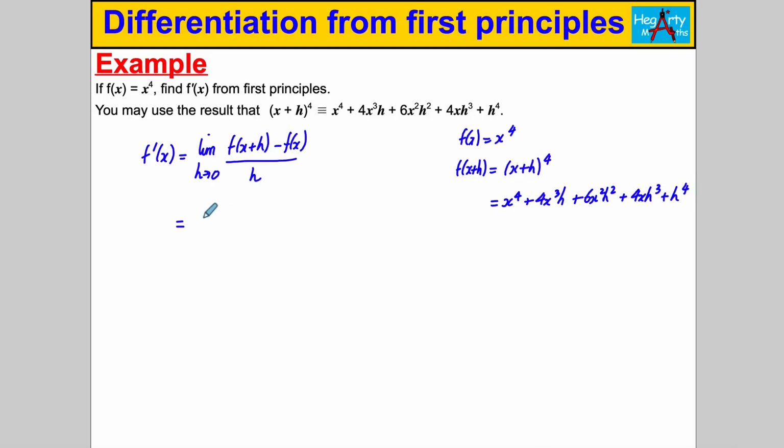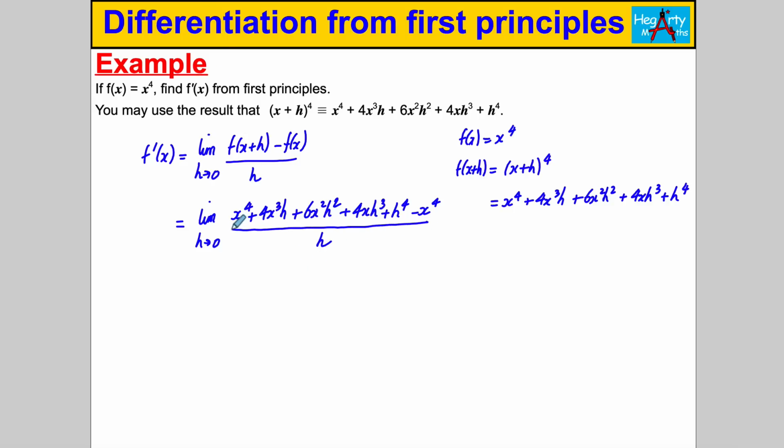So let's substitute into our formula the limit as h tends to 0 of f of x plus h, which is x to the power of 4 plus 4x cubed h plus 6x squared h squared plus 4xh cubed plus h to the power of 4, take away f of x, which is x to the power of 4, and all that expression divided by h.